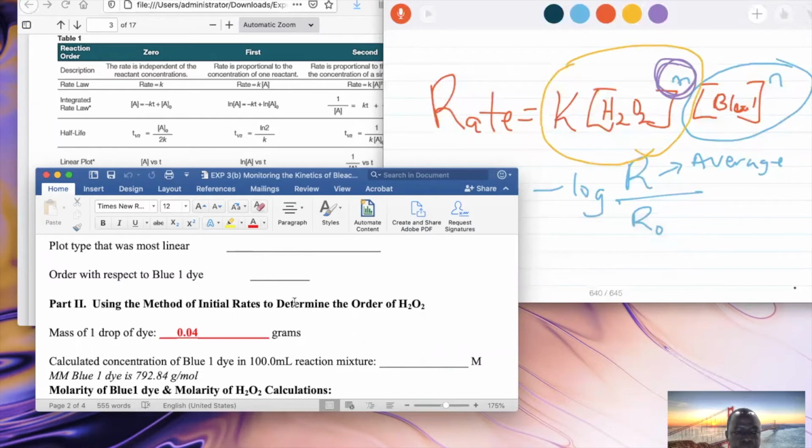And first, we need to find the concentration of the peroxide, which we know from the stock solution.